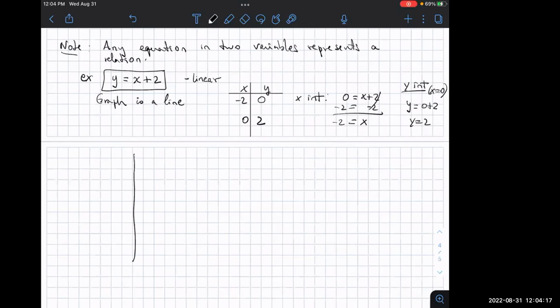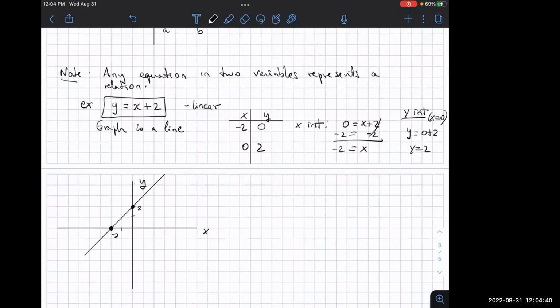And then you graph that. And then you get x and y, -2, 0. That's 1 point. And 0, 2. That's another point. So there's my line. And then extend it on the other side. So there's your graph. So this is a relation.